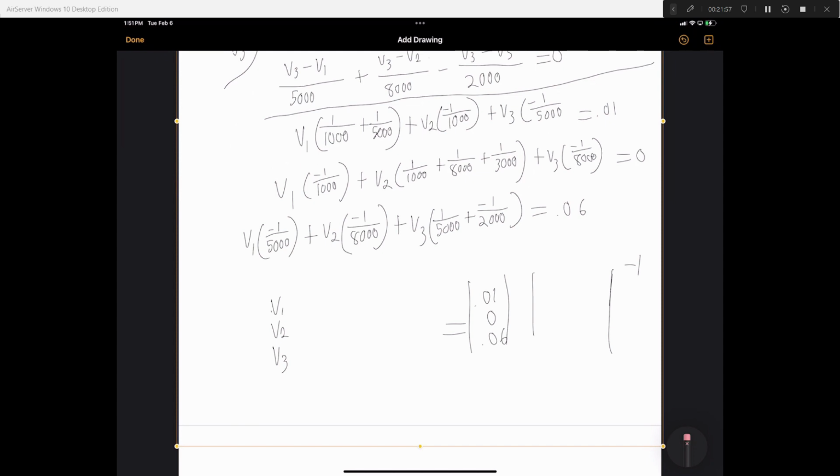Okay. So I got negative 58.13, and then negative 51.83, and then negative 139.64.